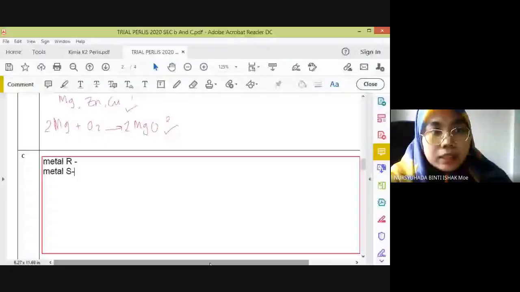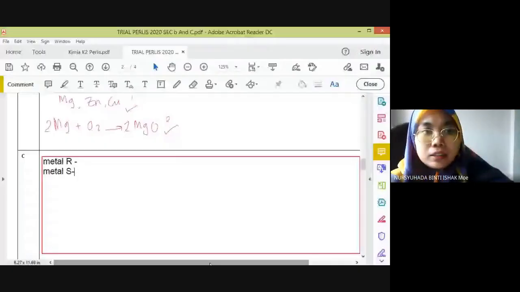Kalau tengok soalan ni, metal R mesti less than iron.